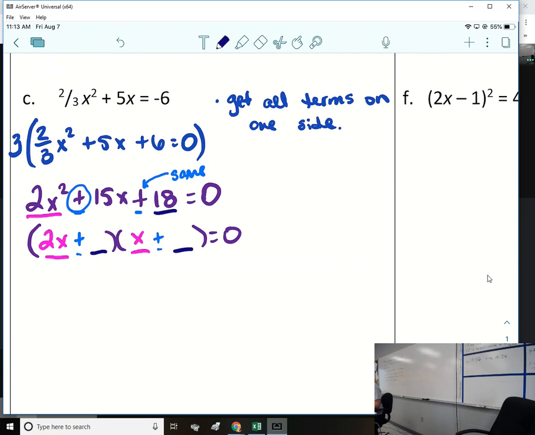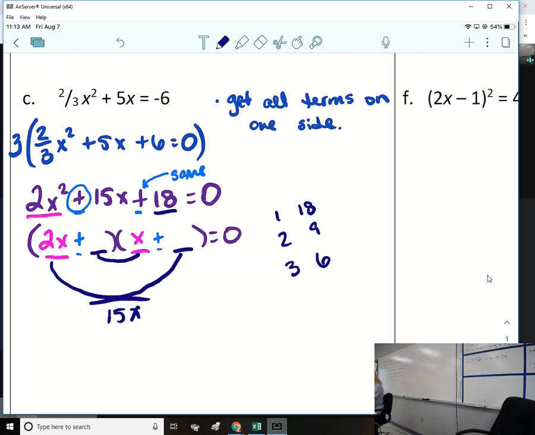Right, so we would have to multiply 2x by whatever we put there, multiply x by whatever you put there, and then when you add those together, you get 15x. Good. Now, if you don't figure it out real quick, just keep trying numbers until you get what works. So we could use 1 and 18, 2 and 9, or 3 and 6. So there's only 3 possibilities.